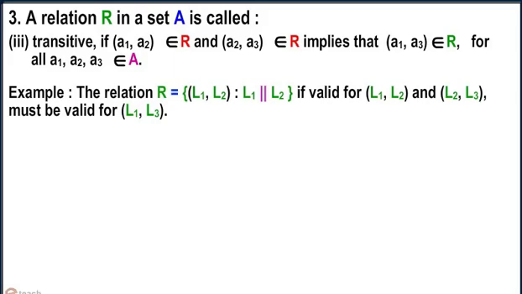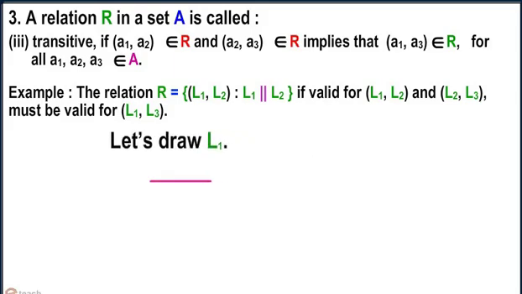The relation R equals the set of all ordered pairs L1, L2 such that L1 is parallel to L2 if valid for L1, L2 and L2, L3 must be valid for L1, L3.